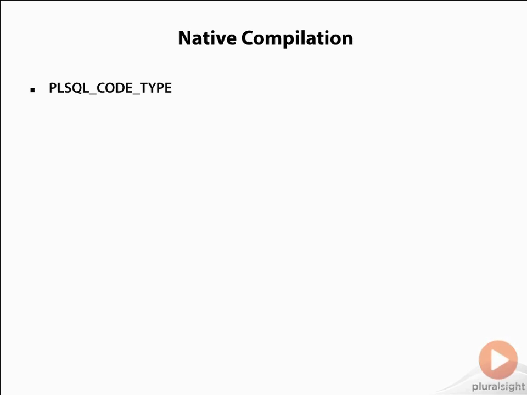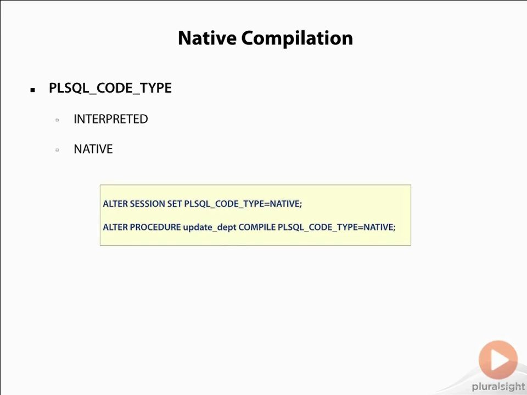Oracle provides us with an option, PLSQL_CODE_TYPE, which has two values, the default INTERPRETED and the new NATIVE value. You can turn on native compilation for the entire system or just for your session. Here, I'm showing you how to turn it on for the session by using alter session set PLSQL_CODE_TYPE equal to NATIVE.